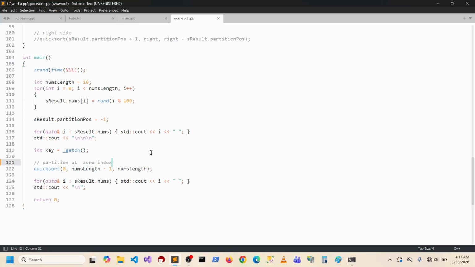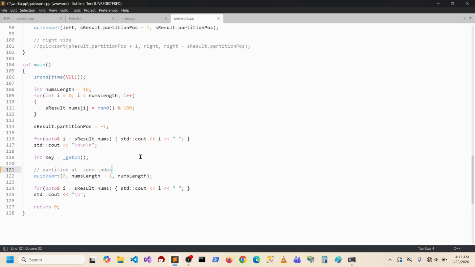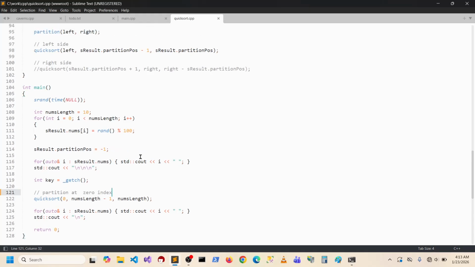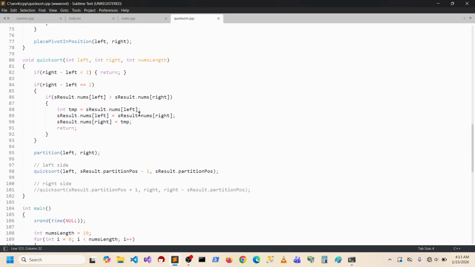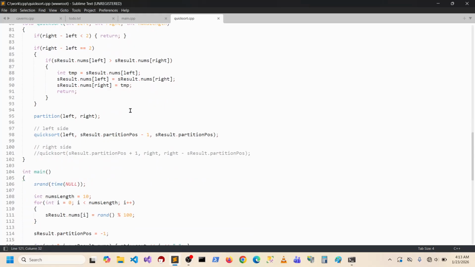Index. Call quicksort starting at 0 to length -1. Length, okay. So we just call partition left, right.